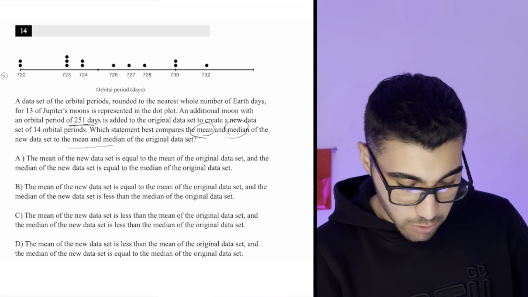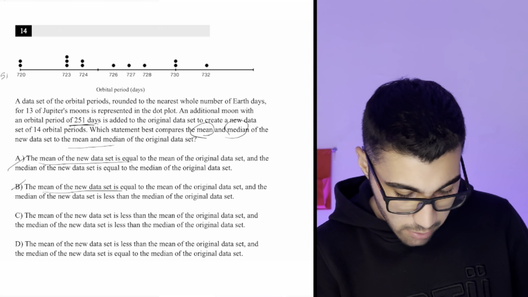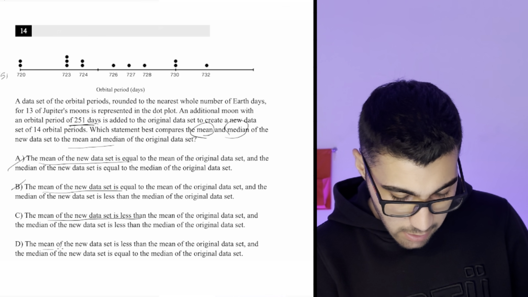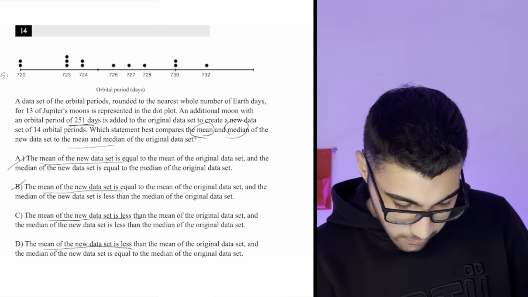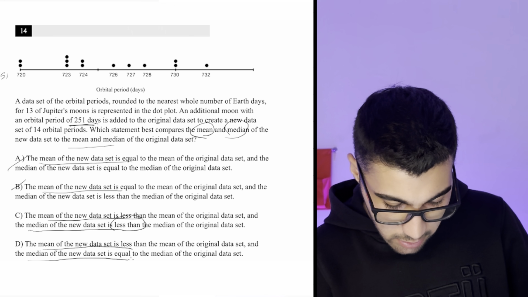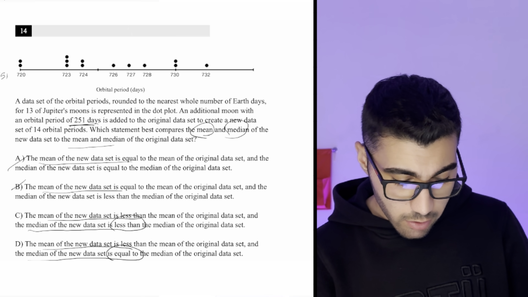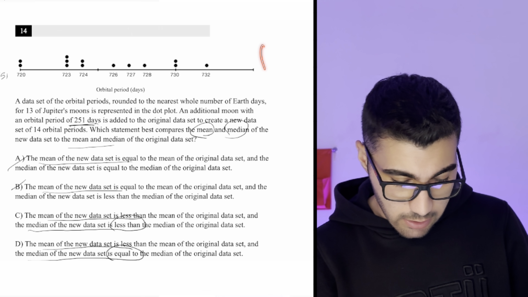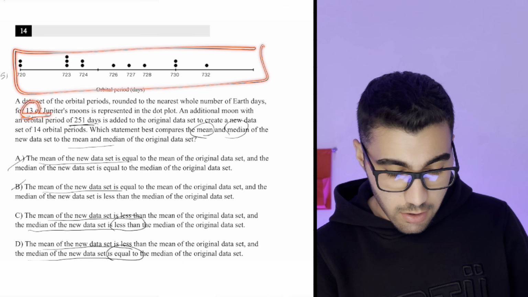So let's just check the choices. Mean is equal, A and B are out, mean is less. Okay, so here choice C says the median of the new data set is less than that, and the median of the new data set is equal. Let's compare the medians. What is the median for this data set with 13 Jupiter moons?